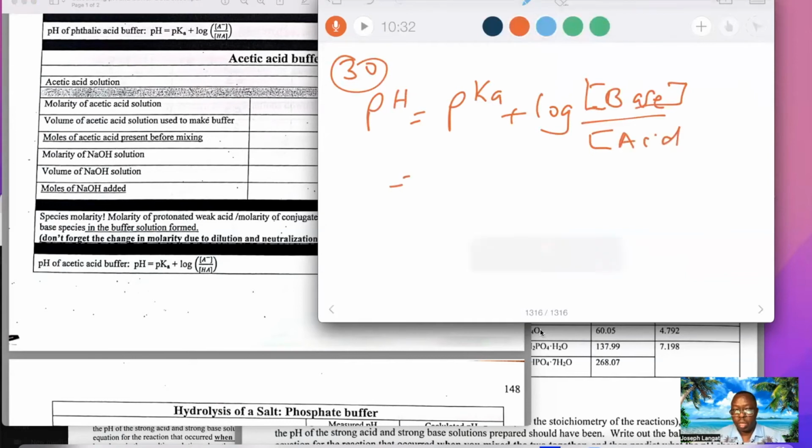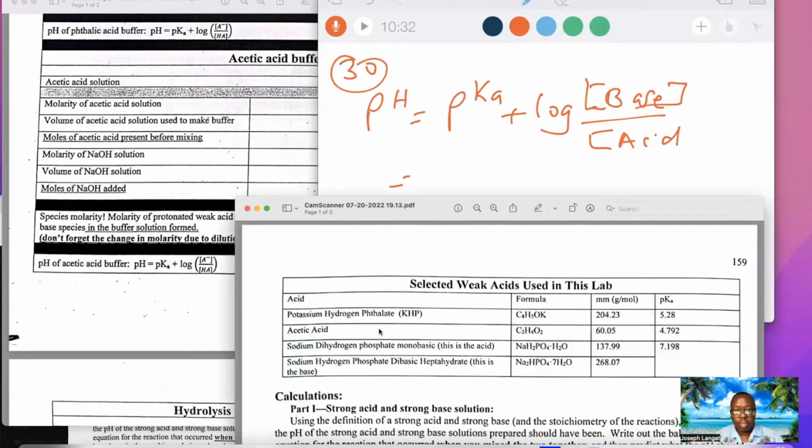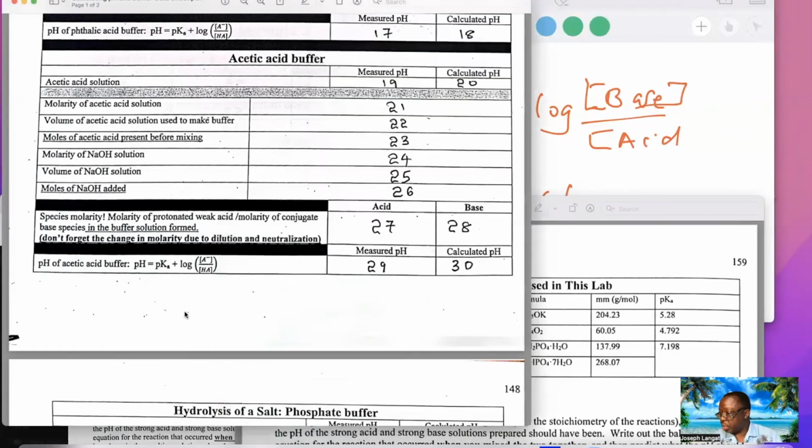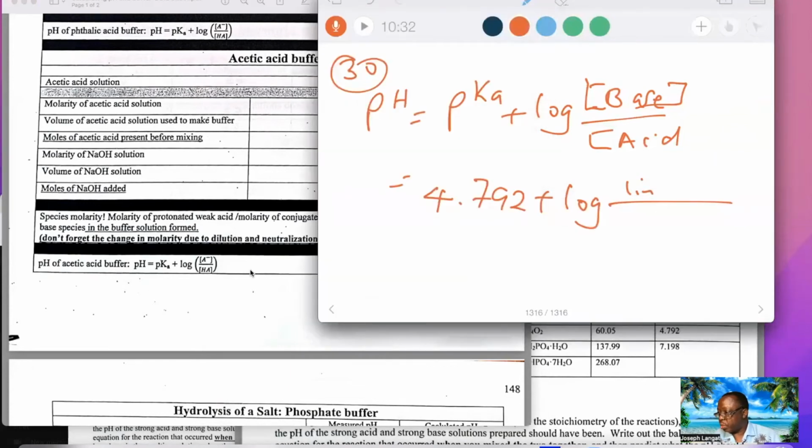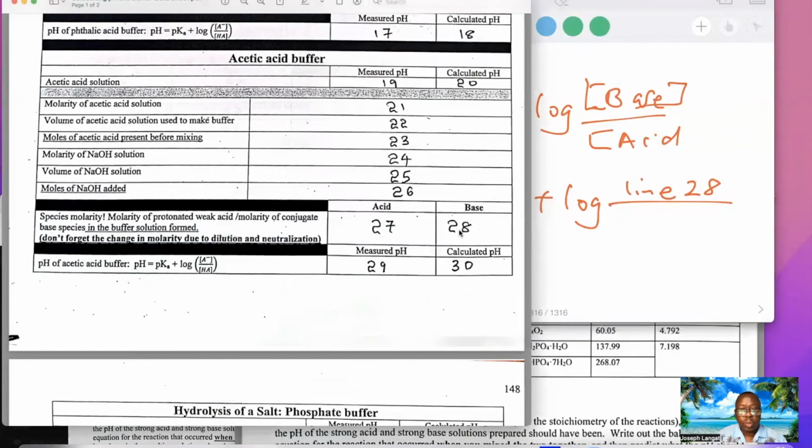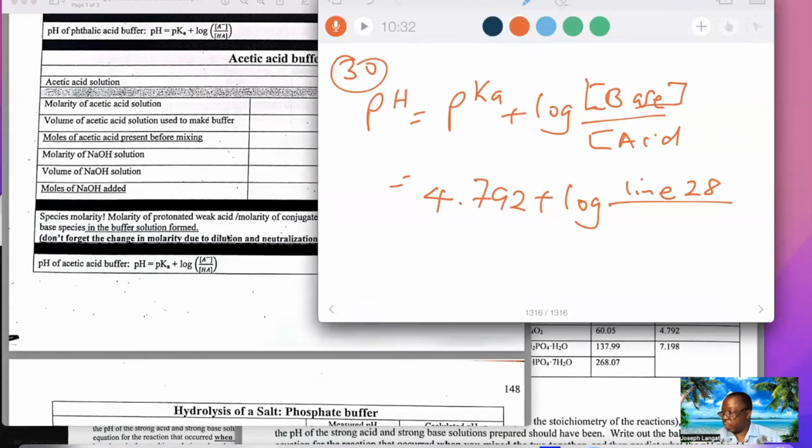For acetic acid, pKa is 4.76, so this is going to be 4.76 plus log of line 28 over line 27.